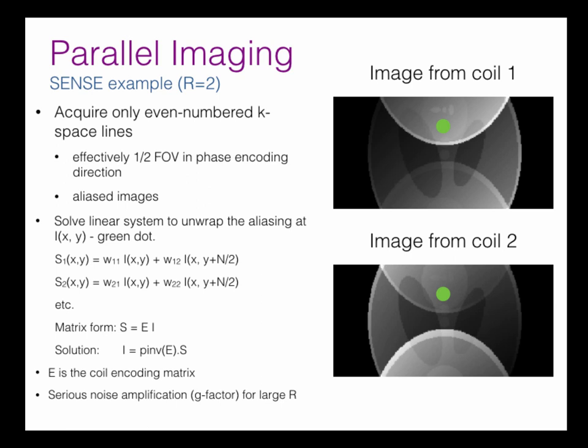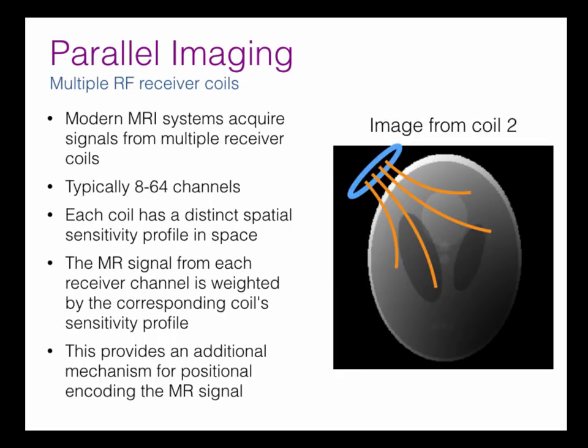So that means a point in the image is no longer representing a single point in space. It's actually a combination of a point at the top part of the image and from the bottom part of the image, added together in a linear combination. And that linear combination is dependent on the coil profile that we saw before.